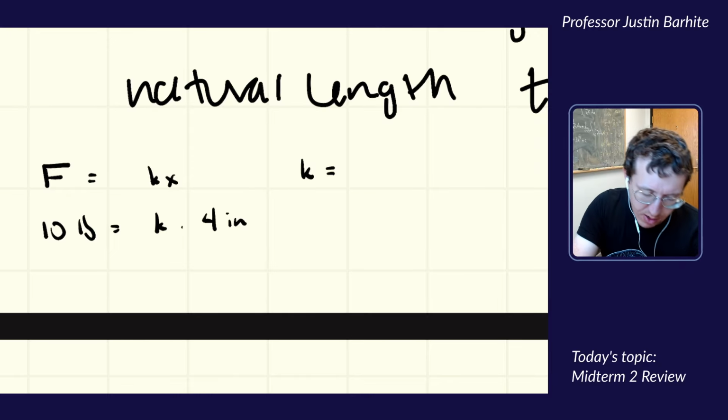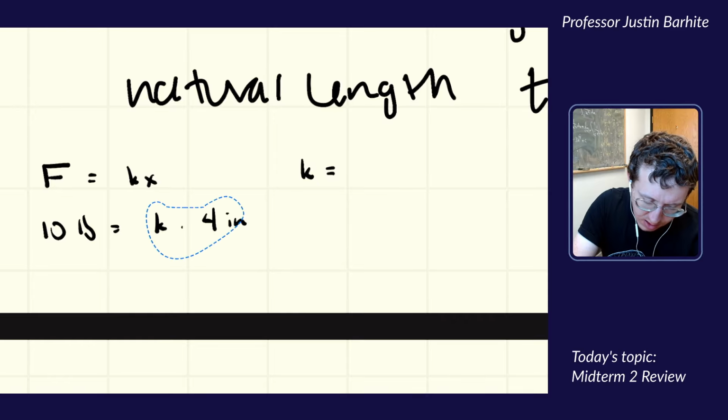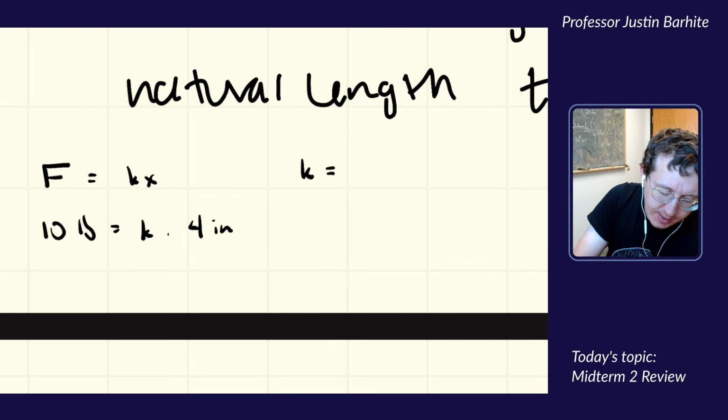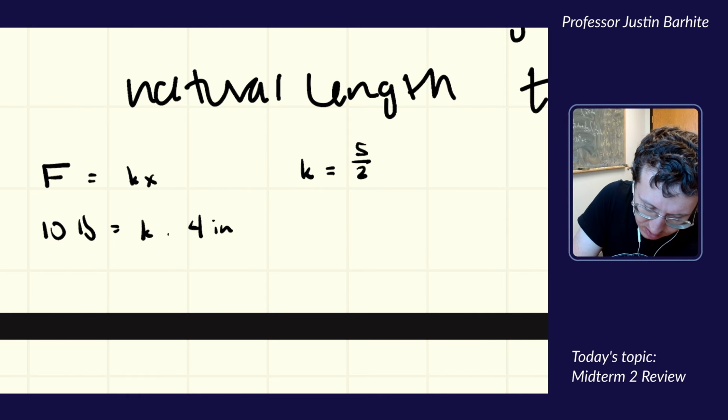We're not worrying about direction here, or at least, we can interpret the problem appropriately. We don't need to put the minus signs into the equation. The constant here, though, is 10 divided by 4, or 5/2 pounds per inch.